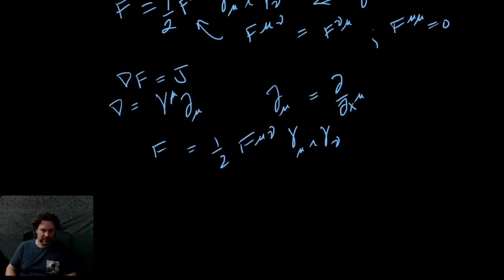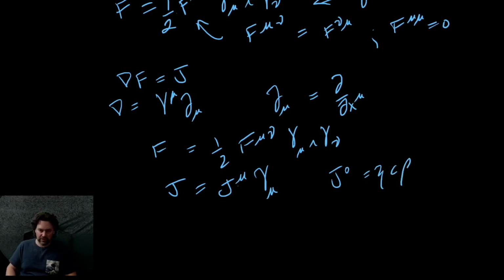And we have J as J mu gamma mu, a 4 vector where J0 was eta C rho and Jk was eta J dot Ek.